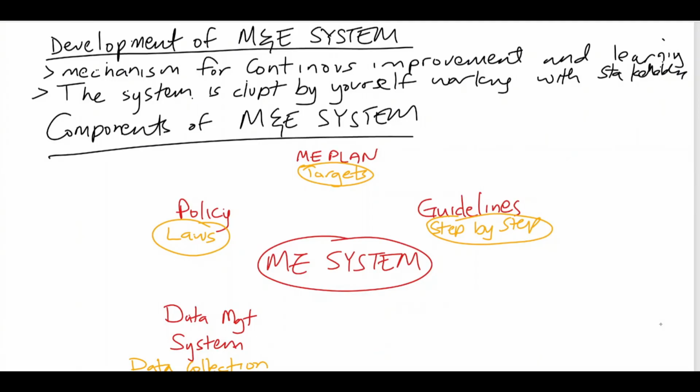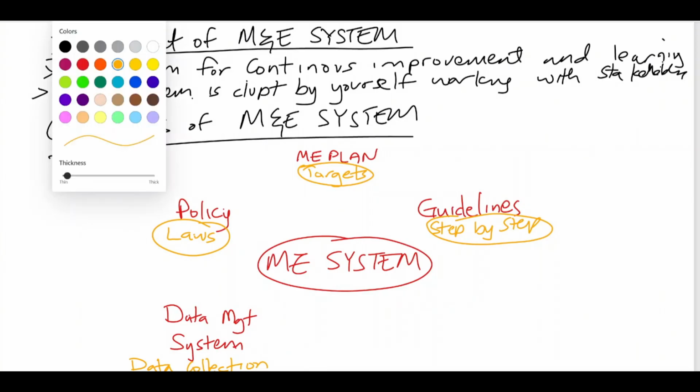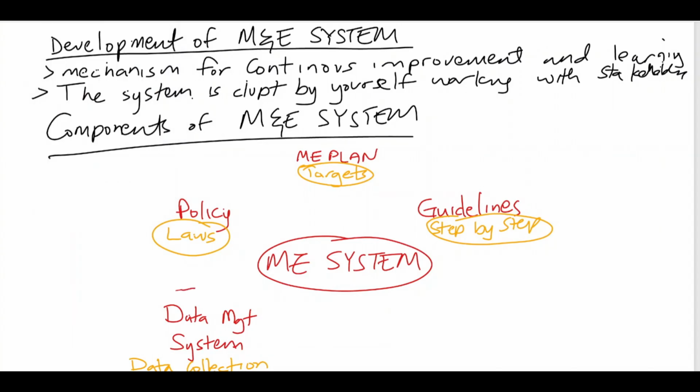This is why a lot of organizations today are moving away from the old approach, because previously the data management system would come in two forms. You have the paper-based, and then you have the digital.